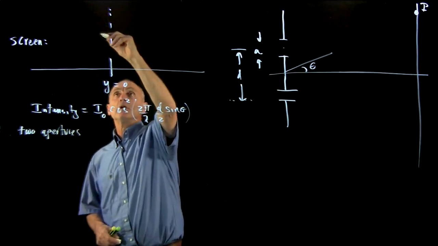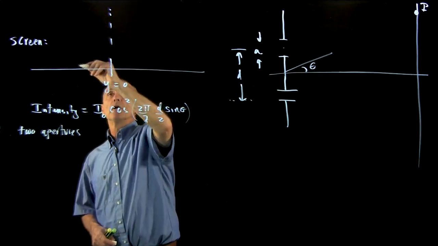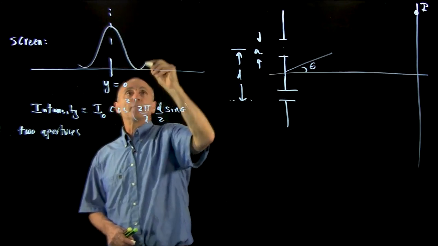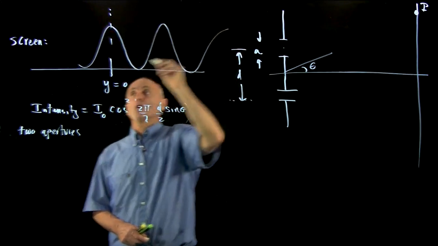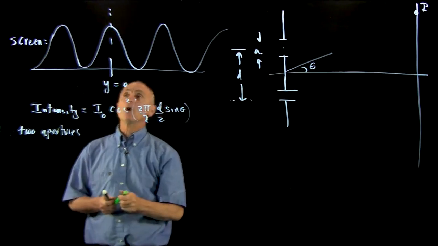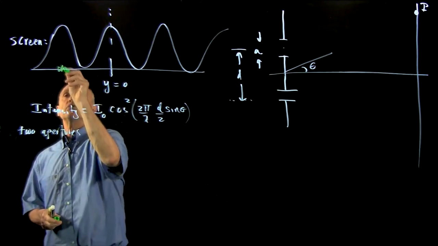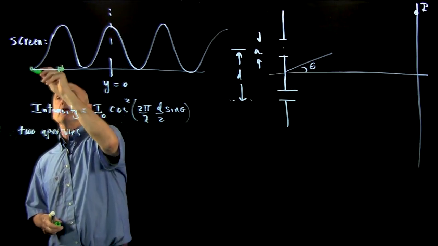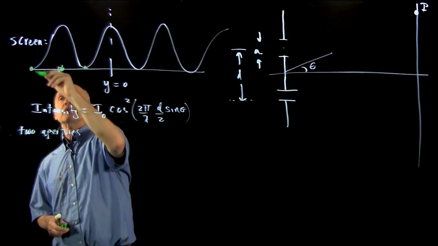And what we have here is a cosine function. So I'll just try my best to draw this cosine function. And what we would see if we had no diffraction whatsoever is just a band. This is a minimum. This is a maximum.